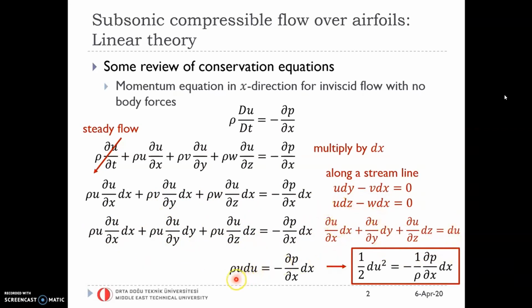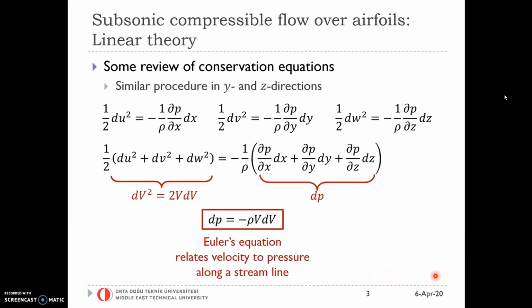Eventually you can write rho u du equals minus dp dx times dx, or alternatively you can write 1 over 2 times d(u squared) equals minus 1 over rho times dp over dx times dx.